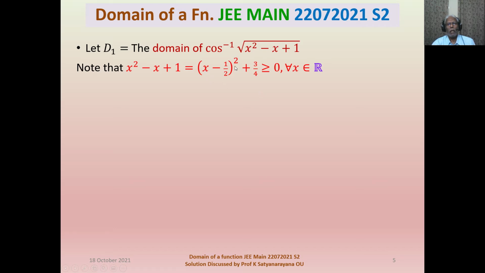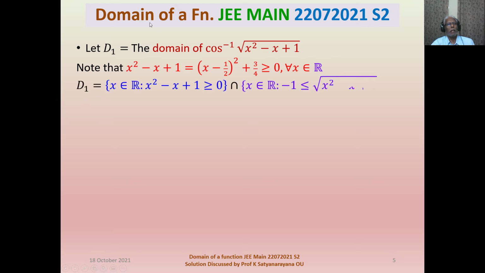Because it is a square, for all values of x it is non-negative, plus 3 by 4 is positive, and so it is greater than or equal to 0 for all x belongs to R. In fact it is strictly greater than 0. Why? Because the minimum value is 3 by 4.